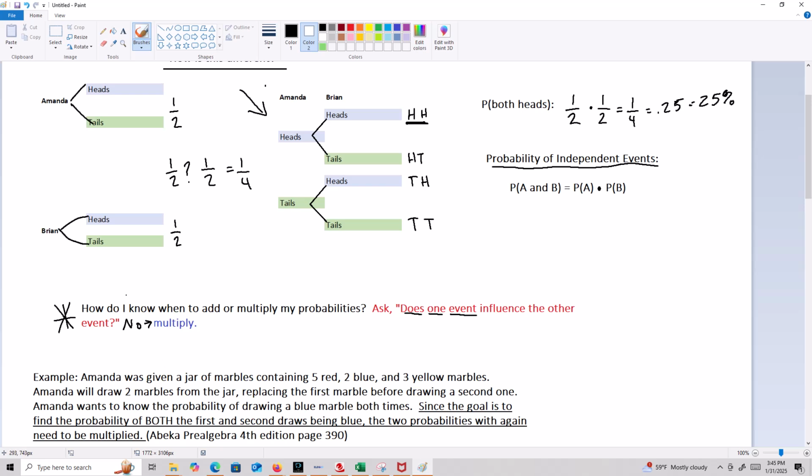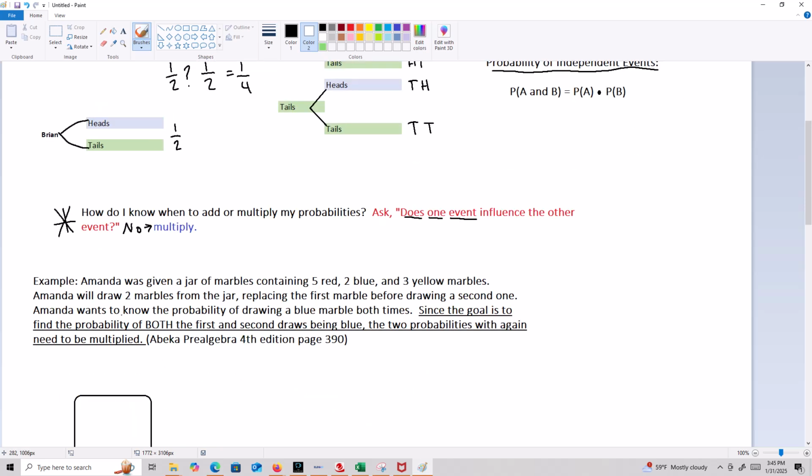All right, so in this example, Amanda was given a jar of marbles containing 5 red, 2 blue, and 3 yellow.